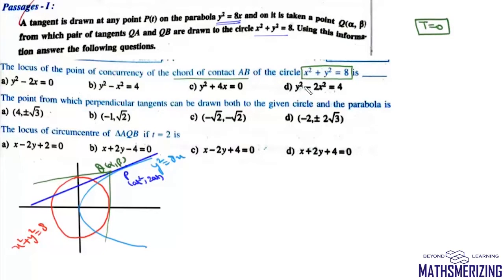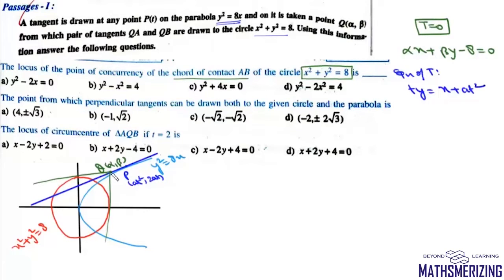So we can write this equation as alpha x plus beta y minus 8 equals 0. Now we can also write the equation of the tangent to this parabola at point P, which is given by ty equals x plus at².